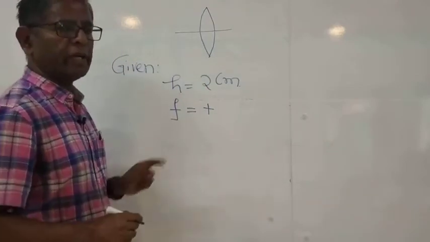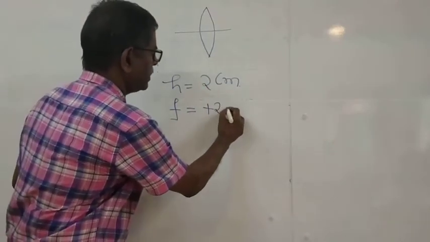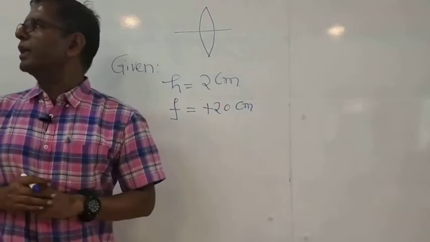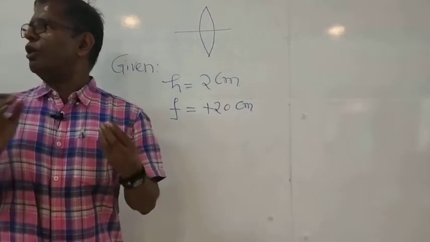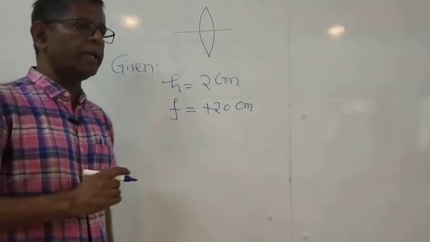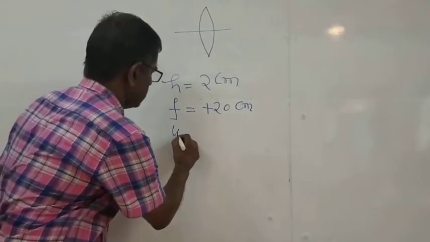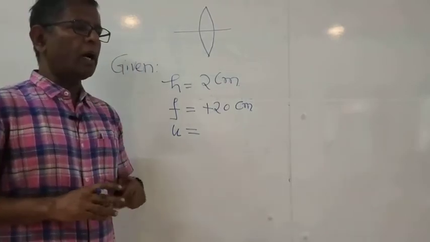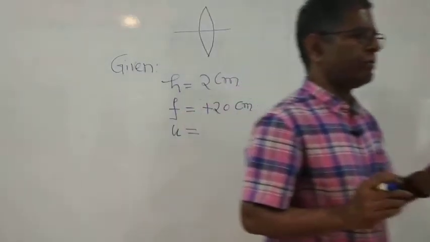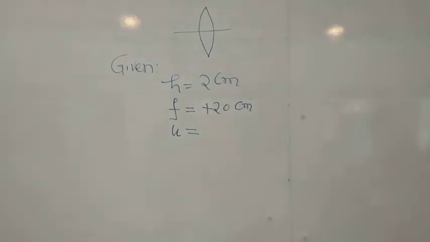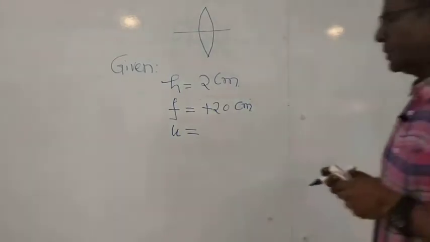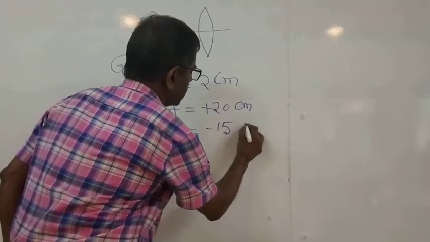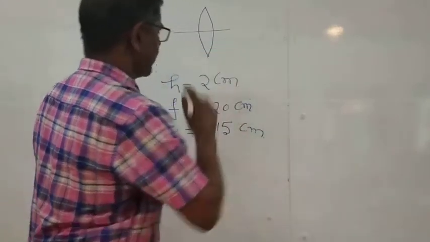So write F is 20 centimeter. Then the distance of the object from the lens is given. That means U is given. As I told you, U is always taken negative, so U is minus 15 centimeter.